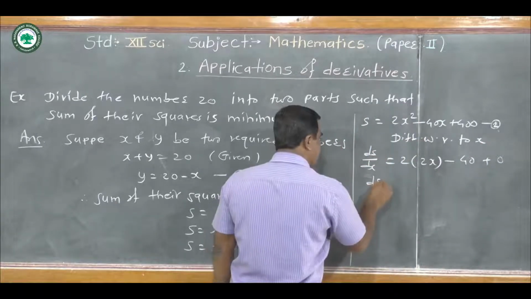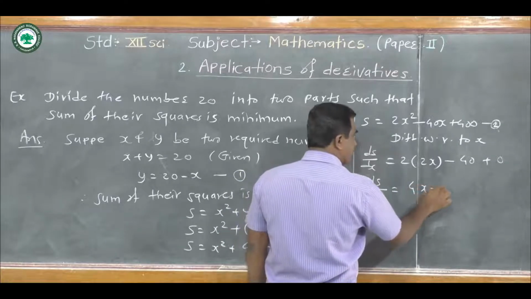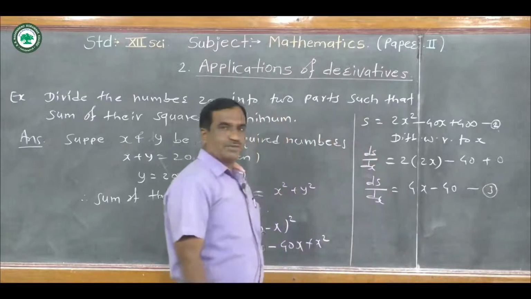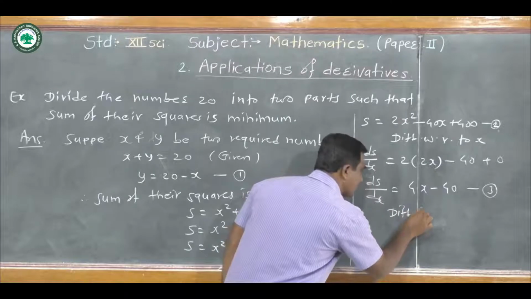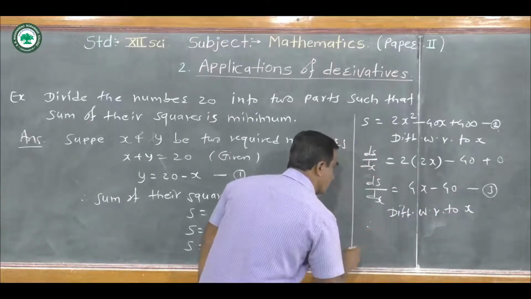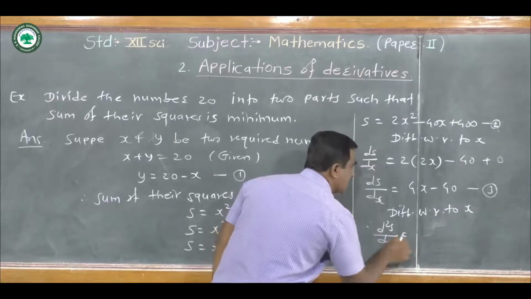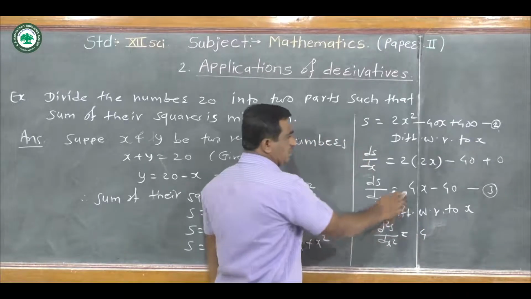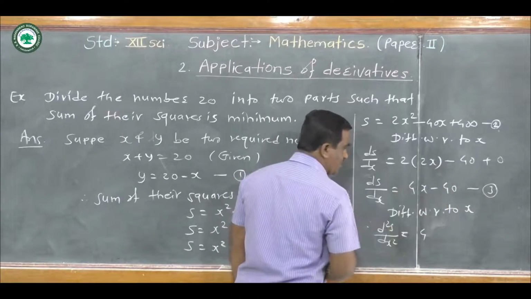That is, we get dS by dx is equal to 4x minus 40. Say this as equation number third. Now differentiate again with respect to x. Therefore, d square S by dx square is equal to 4. 4 is a constant term. The derivative of x is 1, minus the derivative of 40, which is 0.